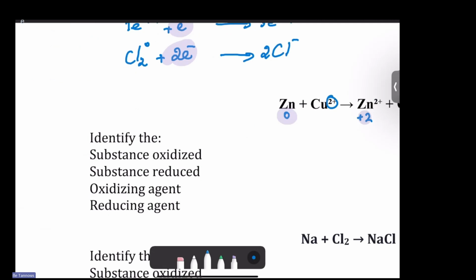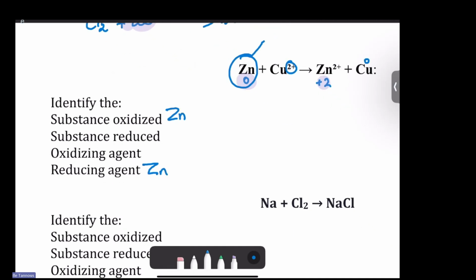So the zinc is the one oxidized and it is called a reducing agent. And if this got oxidized, then this one got reduced. So when you write it, you need to write it fully, because there's one here, Cu, without a 2+. So you cannot just say Cu. That's wrong. It means you're selecting this one. It's Cu2+, the substance that got reduced, called the oxidizing agent.